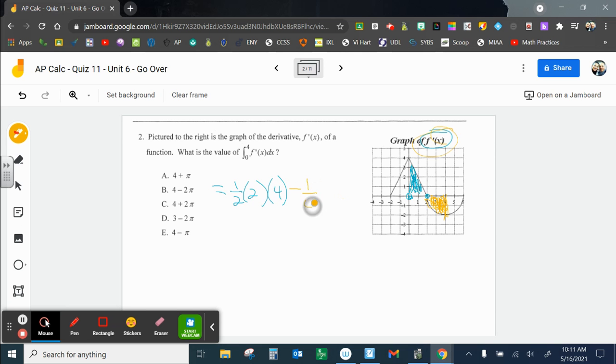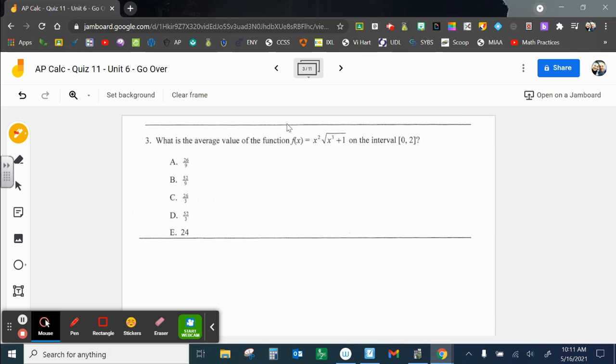So I'm looking at 1/4 of a circle, pi r squared, and the radius here is 2. Now, a lot of times we could put in -2 there, either way, but 2 squared. 2 squared is 4, 1/4 of that's just pi. And here's 8, and 1/2 of that's 4. And number 2 should be E, and it is. Okay? So again, the concept that the integral of anything is the area between the curve and the x-axis.